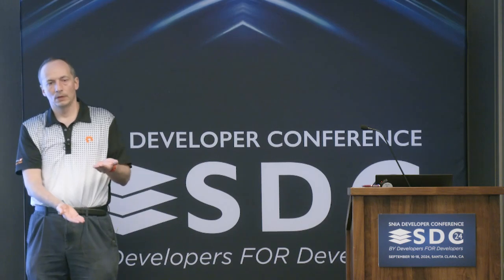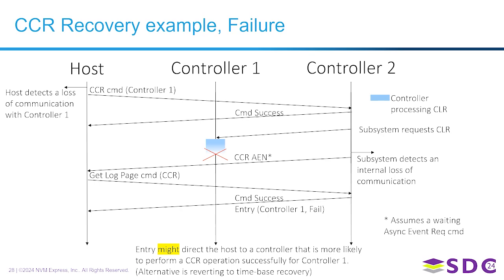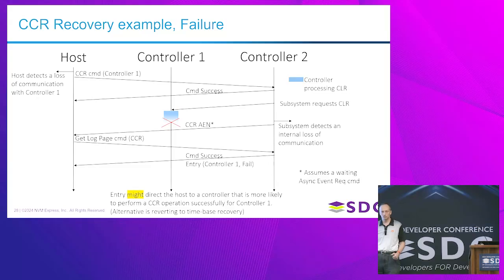In that case, the host should be running down its time through the Kato and the Kato time, and also the 2 or 3 times Kato, and also the command quiesce time. And when it gets to the end of that time, then controller 1 should be out of the picture at that point, with all of the commands that we're executing on controller 1. And so that's time-based recovery. We don't like to fall back to that because it takes a long time. But if we have to, it's there, and it's reliable. Or it better be.